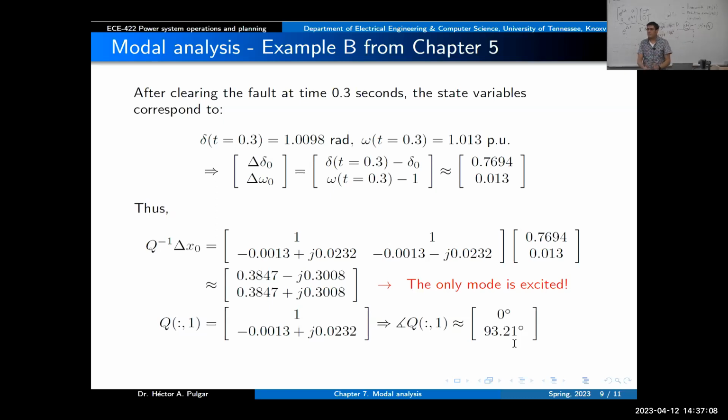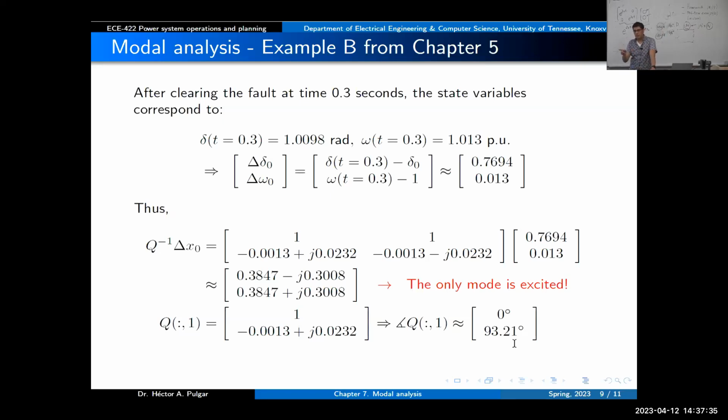How is the derivative of the speed defined? If you have the derivative of the speed, that is equal roughly to what? Acceleration, and how is that related to the angle? It is the mechanical power minus the electrical power. The electrical power is P max sine of delta. What about if delta is very small?